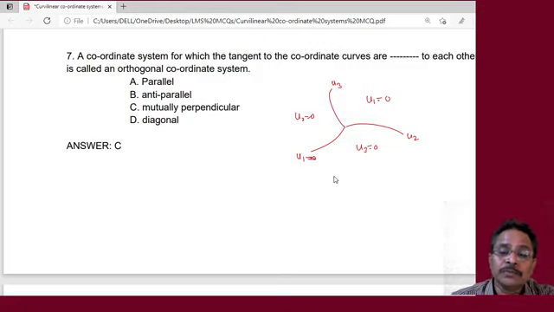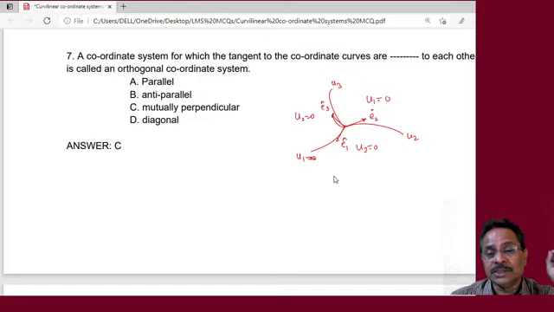From this common intersection point I can draw a tangent, which is called E2 cap. For this one I can draw another tangent, E3 cap, and similarly for this one I can draw a tangent, E1 cap.